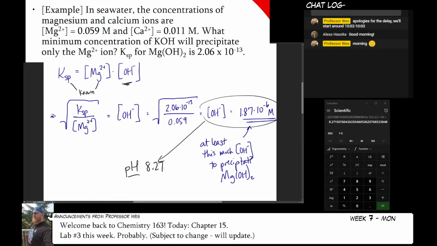Ironically, the place that actually has the most common application would be things like laundry. So laundry is usually done in a basic solution. And the reason for that is because we want to have enough hydroxide in the laundry basin, or, say, your washer, such that any metal ions that are in there can precipitate out as hydroxides, which are typically either colorless or, at the very least, insoluble, and so they can be washed away.